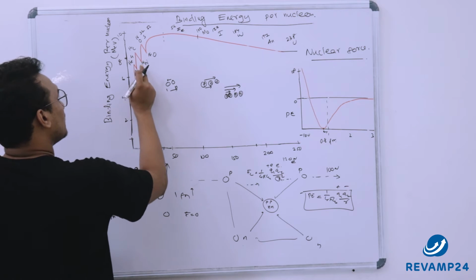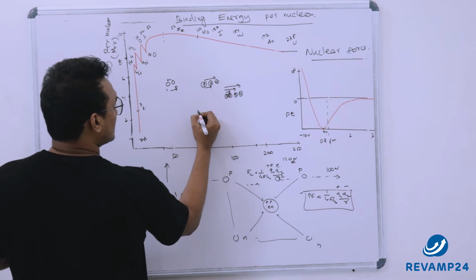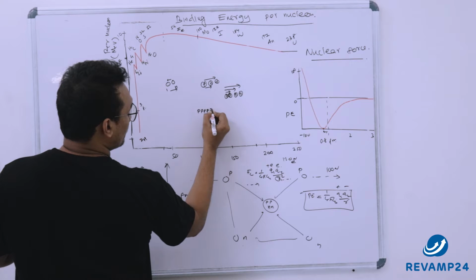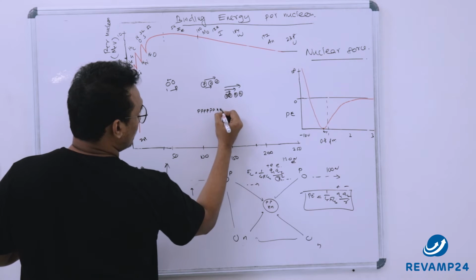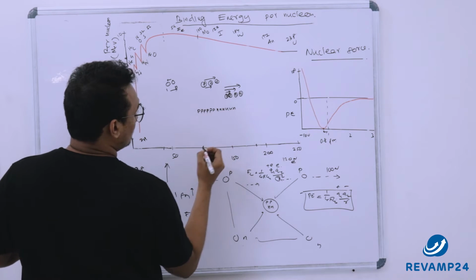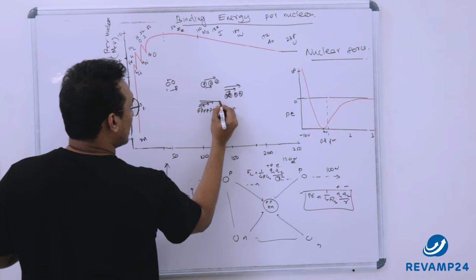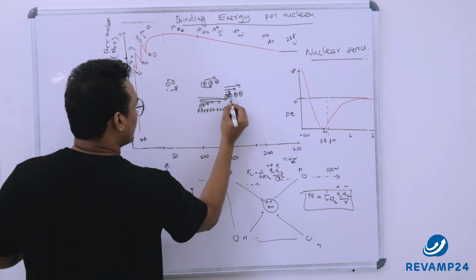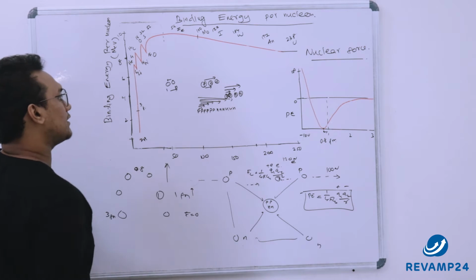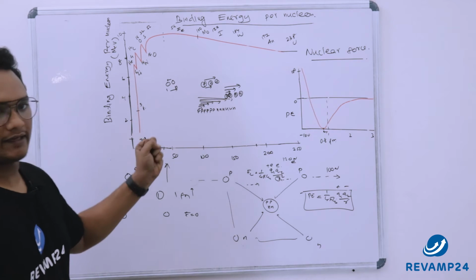In the case of C12, meaning 6 protons and 6 neutrons, all the protons are exerting a force and all the neutrons are exerting a force. So on each individual particle it would be present. So this is a higher force.